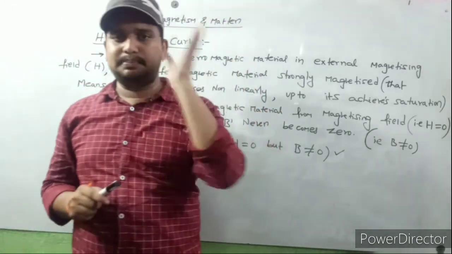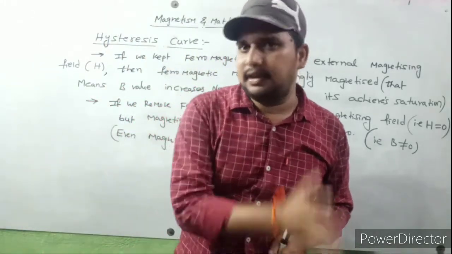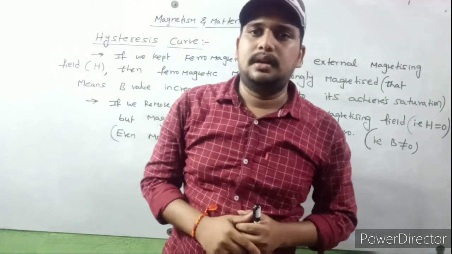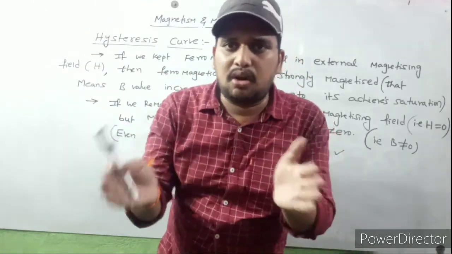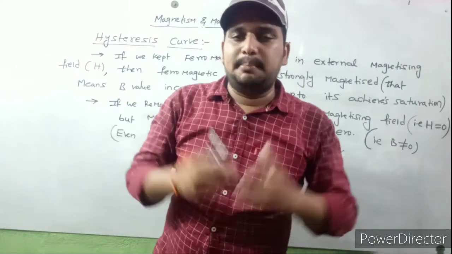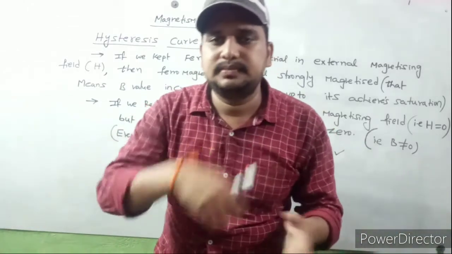So observe carefully. I will explain simply. External magnetic field lines are there. We place a ferromagnetic material in them. After some time, it becomes a strongly magnetized material; the magnetic field increases because the field is there.